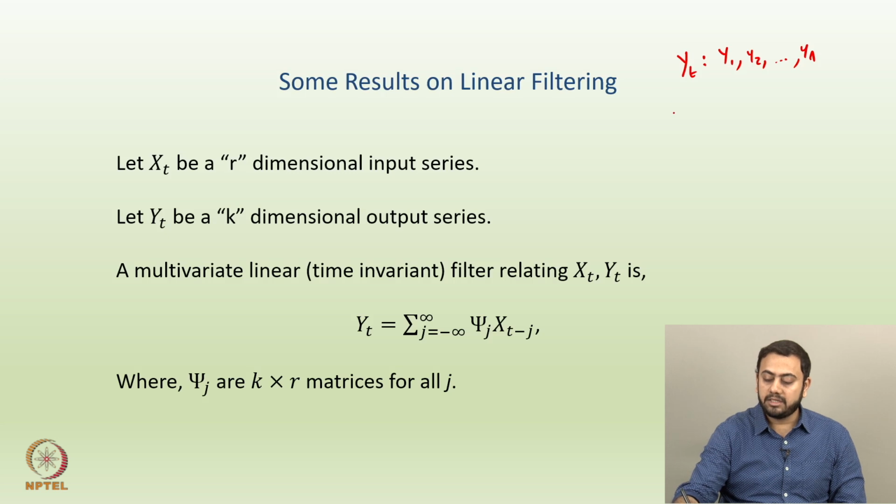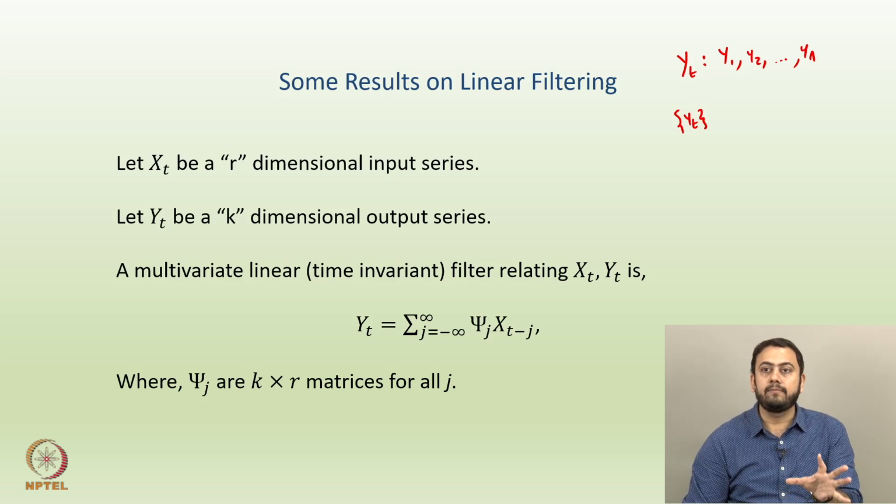But the moment you transition from univariate to multivariate, the notation changes slightly: Yt inside curly brackets, and now Yt becomes a collection of random vectors. In the univariate situation Yt is a single random variable, but now Yt is a collection of several.